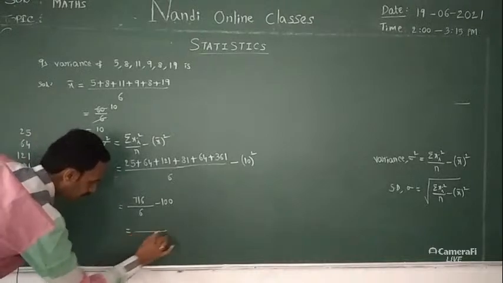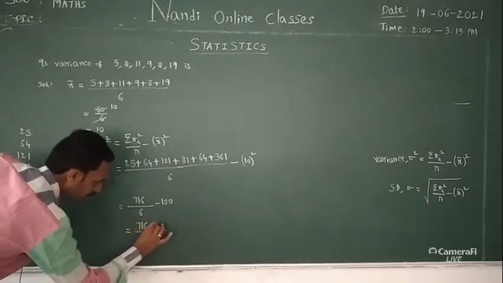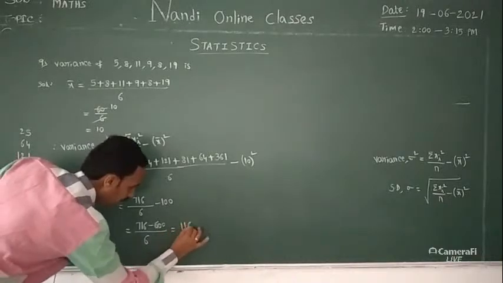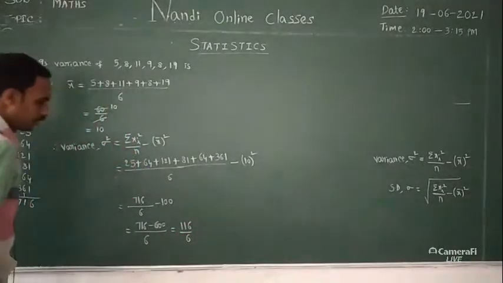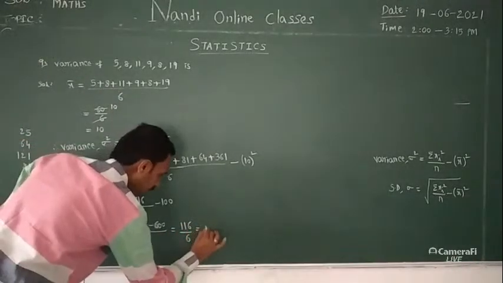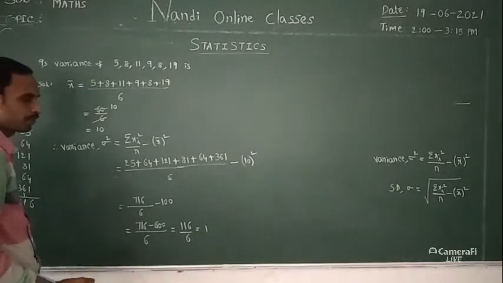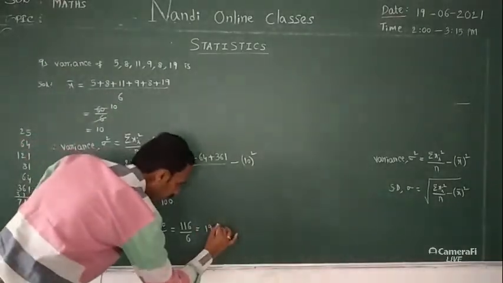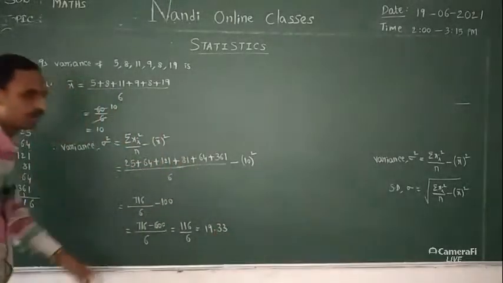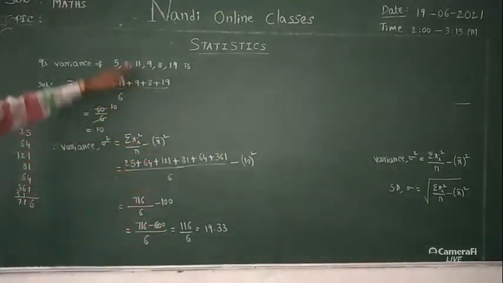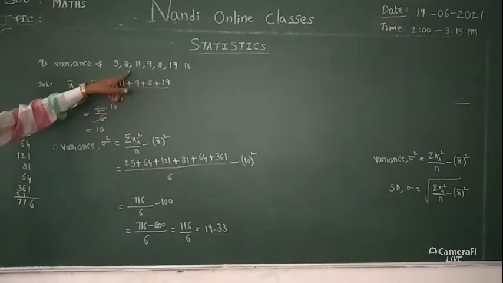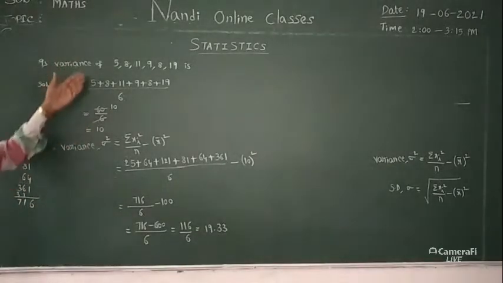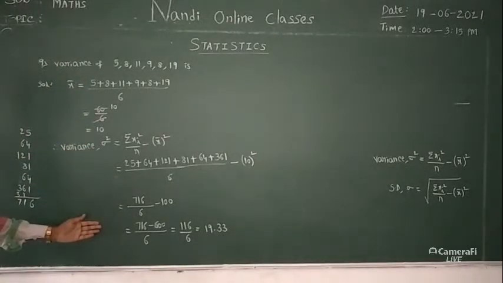Taking LCM 6, the numerator is 716 minus 600, which is 116 by 6. 6 times 19 is 114, remainder 2, so 19.33. Okay, that is the variance of the given data. Suppose observations are given, this is how to find the variance using this method. Write it.